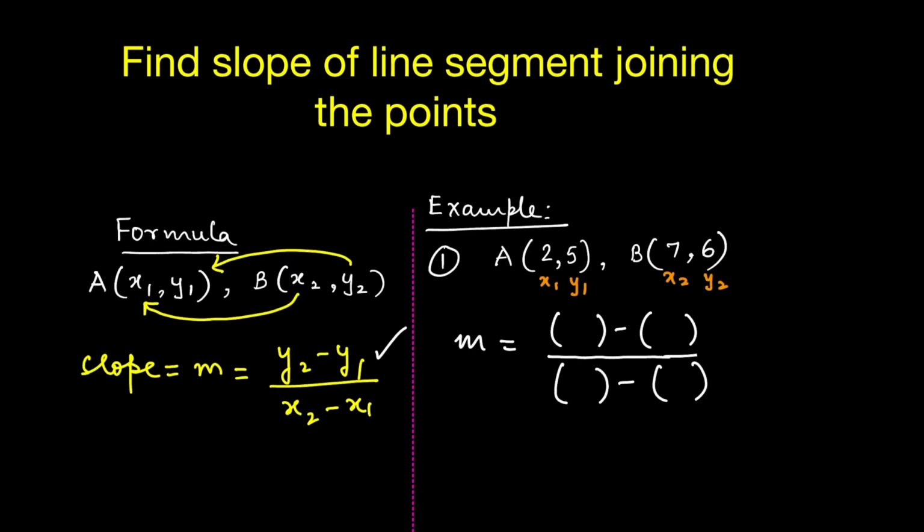So y2 value as per the formula is 6, then the y1 value is 5, then x2 is 7 and x1 is 2. So when you calculate it, it is 6 minus 5, which is 1, and 7 minus 2 is 5. So we get the slope as 1 over 5.